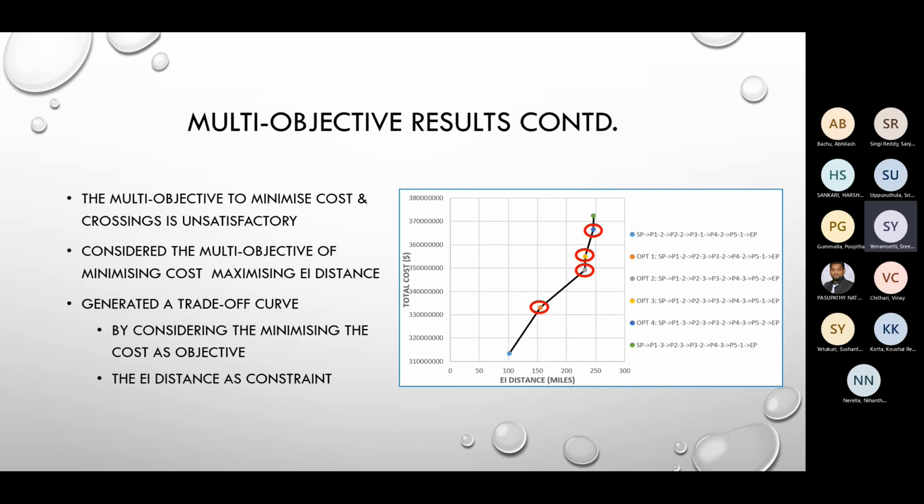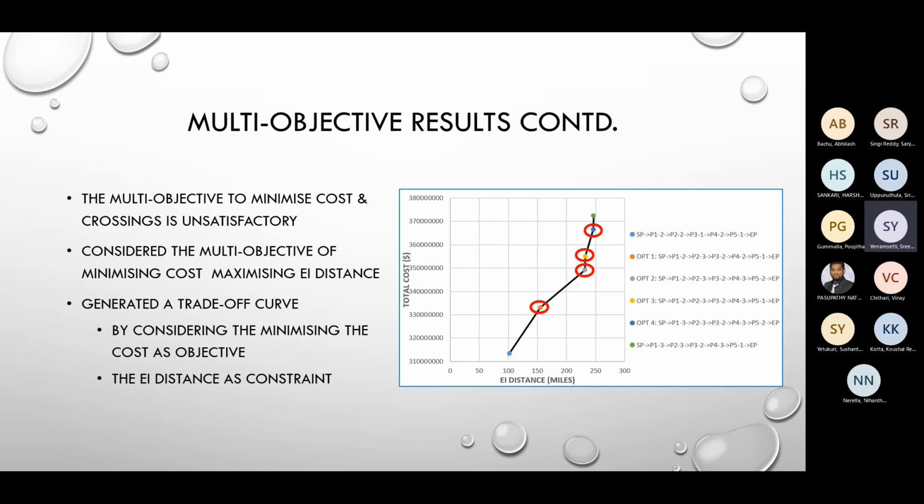Minimizing of cost is considered as the objective, and the EI distance is considered as the constraint. The trade-off graph on the right shows the points from minimum cost in blue at the bottom to maximum EI distance in green at the top.